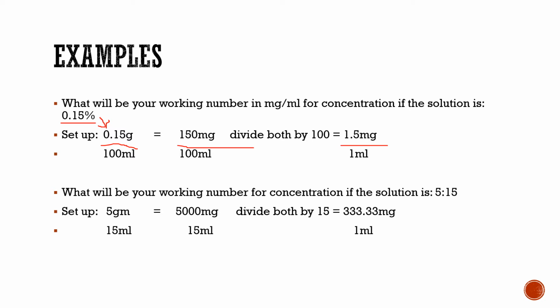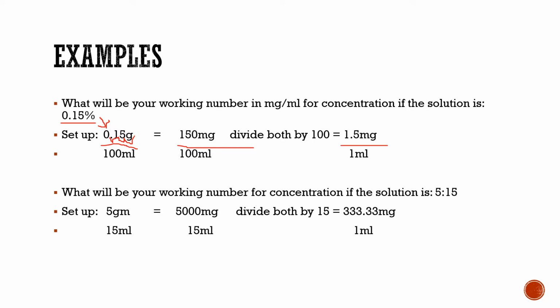So we would move 3 decimal places over to the right, or multiply it by 1,000. Not 3 zeros, just 3 place values. So that turns the 0.15 to 150, by adding 3 place values. So now we've changed 0.15 grams to the same as 150 milligrams.